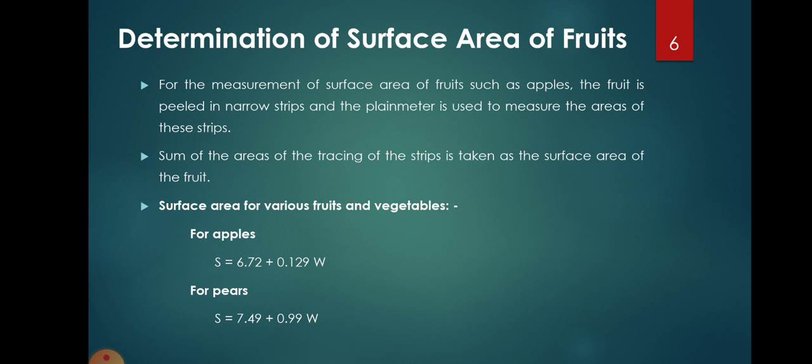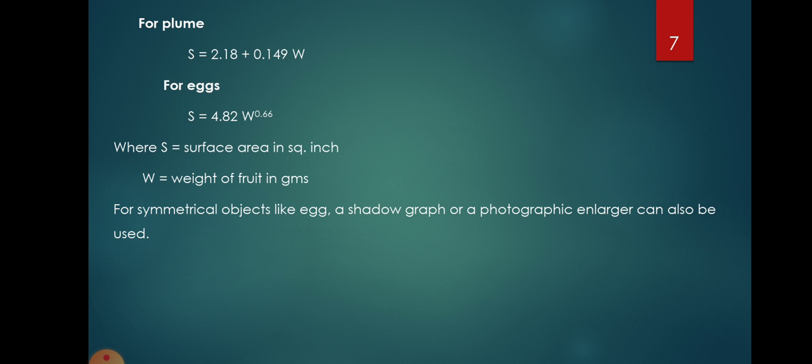For pears, we use the formula S = 7.49 + 0.99 W. For plum, we use the formula S = 2.18 + 0.149 W, and for eggs we use the expression S = 4.82 W^0.66. In all these cases, S is the surface area in square inch, and W is the weight of the fruit in grams. For symmetrical objects like an egg, a shadowgraph or a photographic enlarger can also be used.